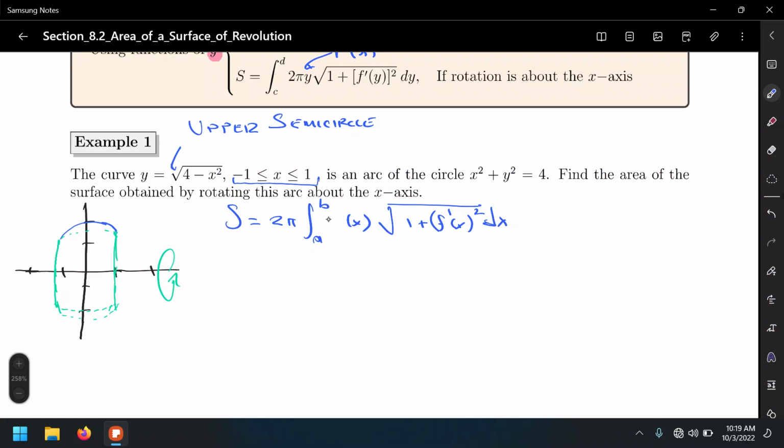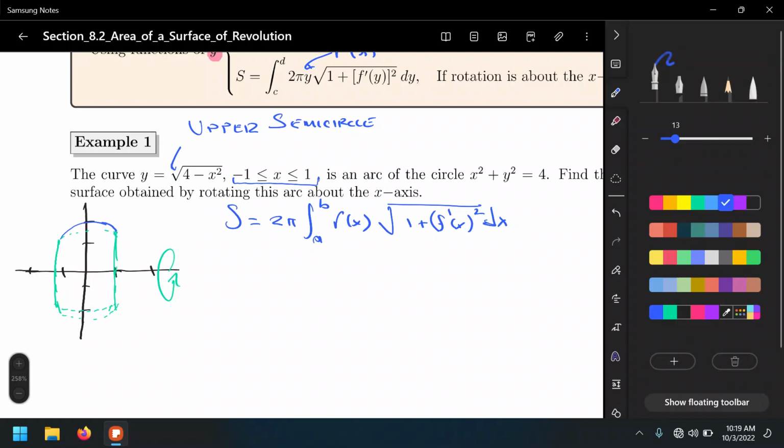Now, in this case, we need to decide what R of x is. This looks like a V, let me change it for an R. What is R of x going to be, the function f of x, or is it just going to be x? Well, notice how we're rotating about the horizontal axis, the x-axis.